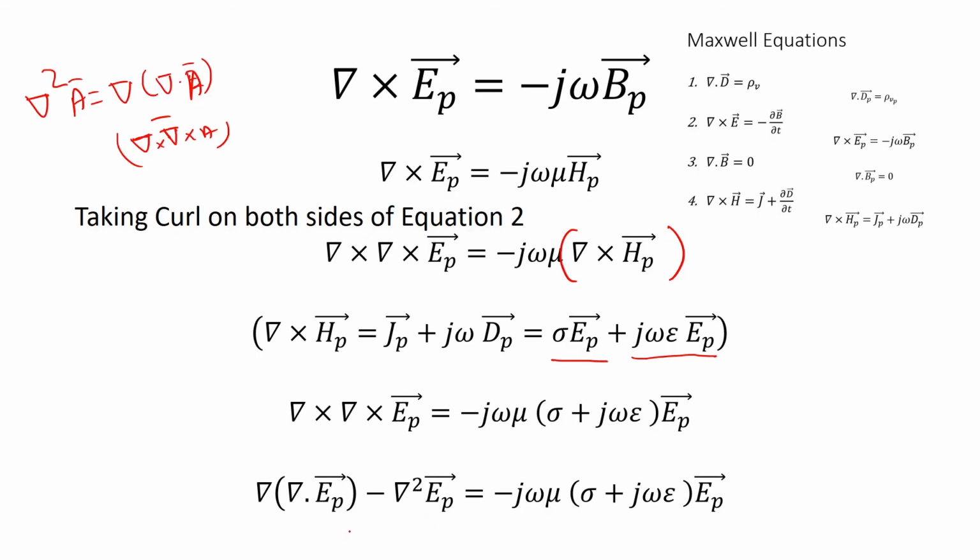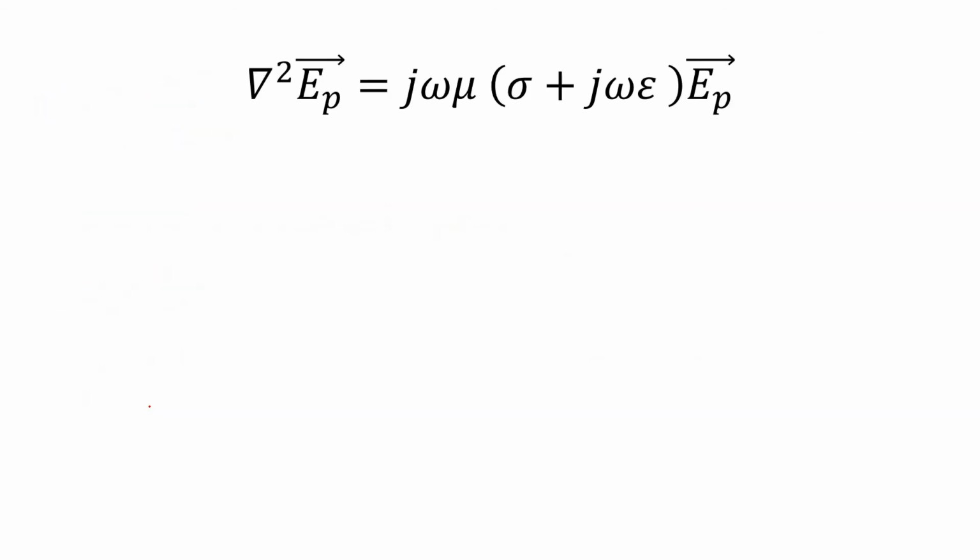If we assume a charge-free region, that means the divergence of E bar, which equals rho v by epsilon, is going to be 0. Therefore, its gradient would also be equal to 0.